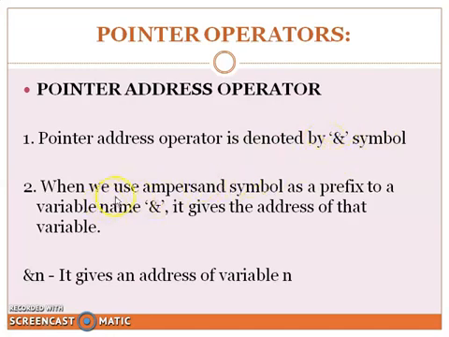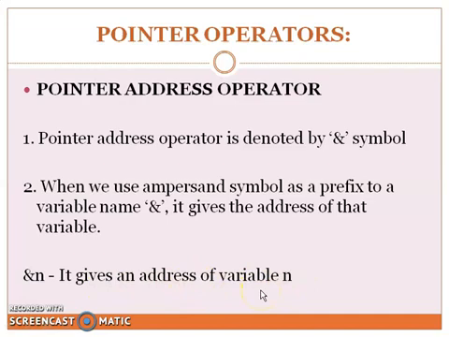So what is the use of the address of symbol? When we use the ampersand symbol as a prefix to a variable name, it gives the address of that variable. That particular variable's address is returned by this operator. For example, ampersand n refers to the address of the variable n.